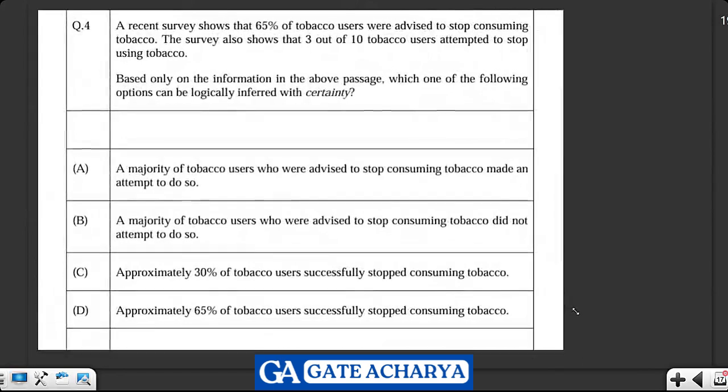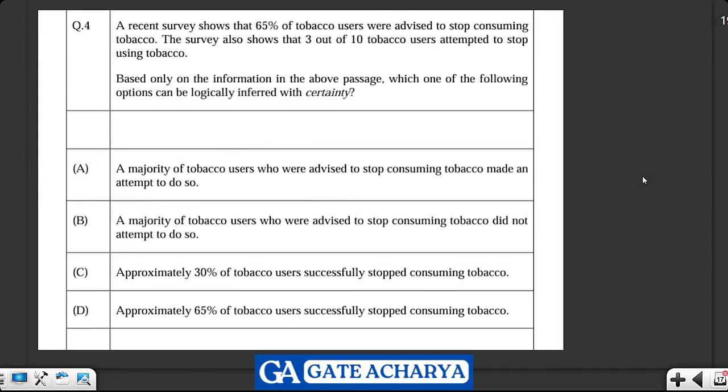What it's saying is, a recent tobacco survey shows that 65% of the tobacco users were advised to stop consuming tobacco. Okay, so out of 100 people, 65 people were advised to stop consuming. The survey also shows that 3 out of 10 tobacco users attempted to stop using tobacco. Based only on the information in the above passage, which of the following options can be logically inferred with certainty?